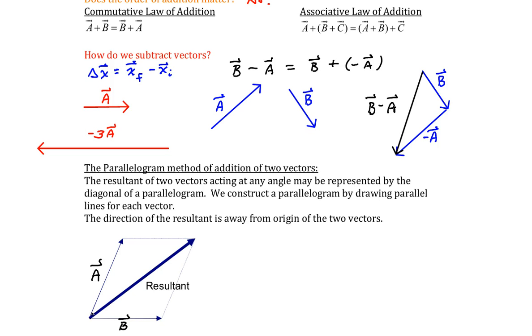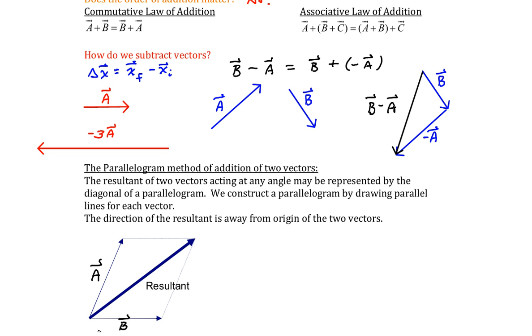Now, you'll see this type of problem very often with forces. You might have vector A represent one string pulling an object, and then vector B be another string pulling on that same object, and then we're asked to find the resultant force of these two vector forces. What would be that one single force that would be the combination of these two individual forces?